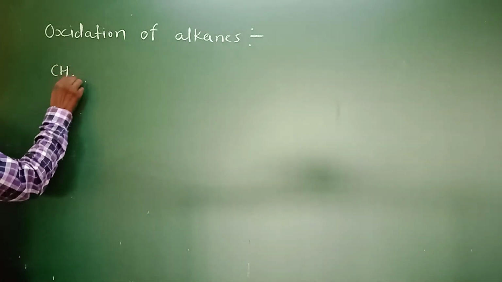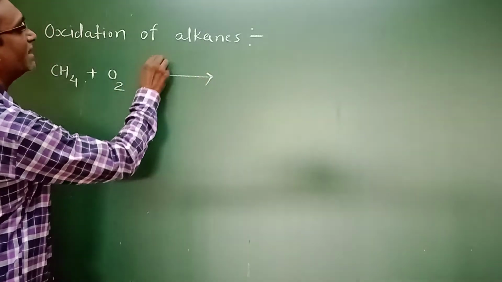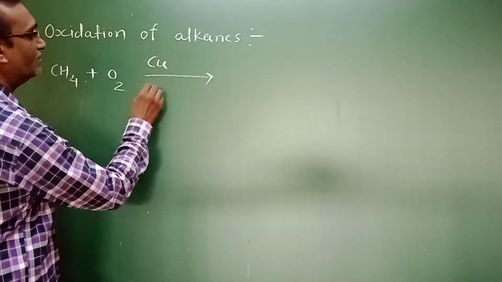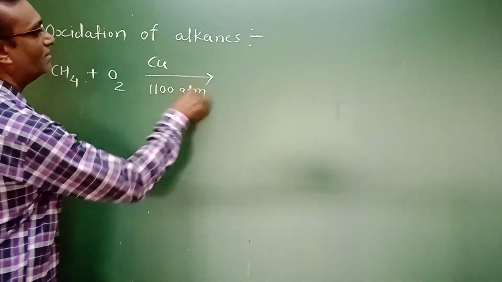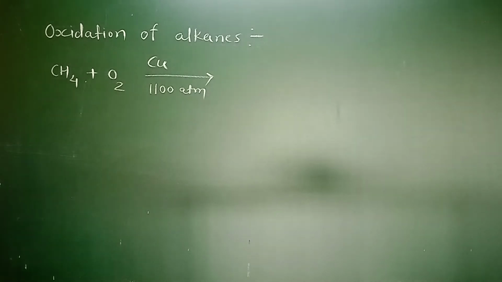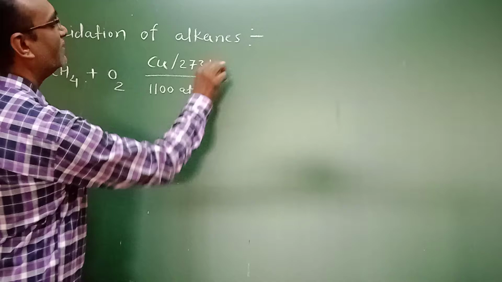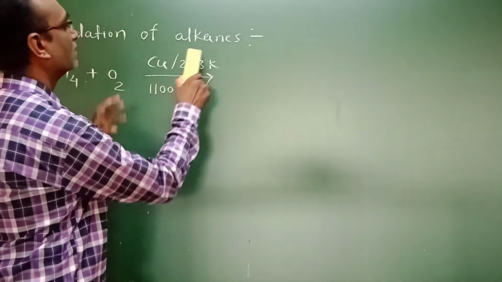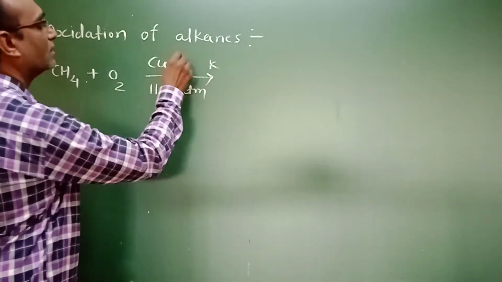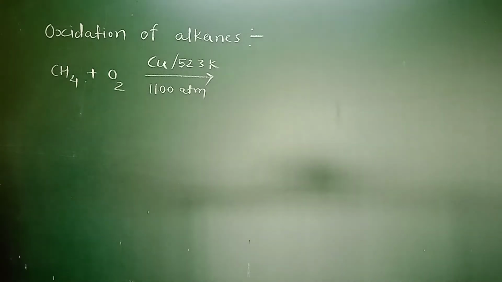Firstly, let us see the oxidation of methane with oxygen in the presence of Cu. For this, 1100 atm pressure is required and the temperature required is nearly 523 Kelvin.